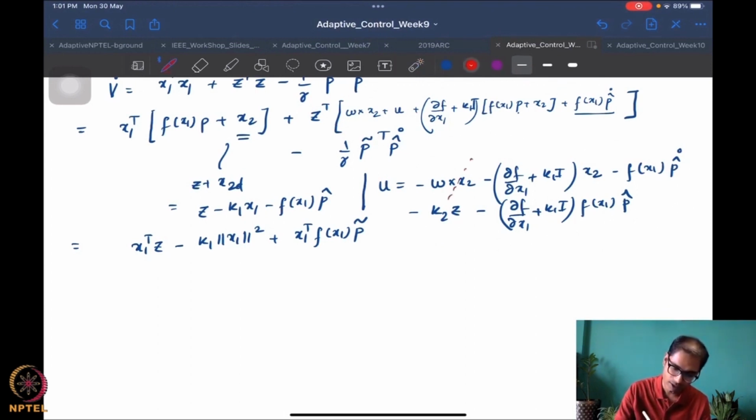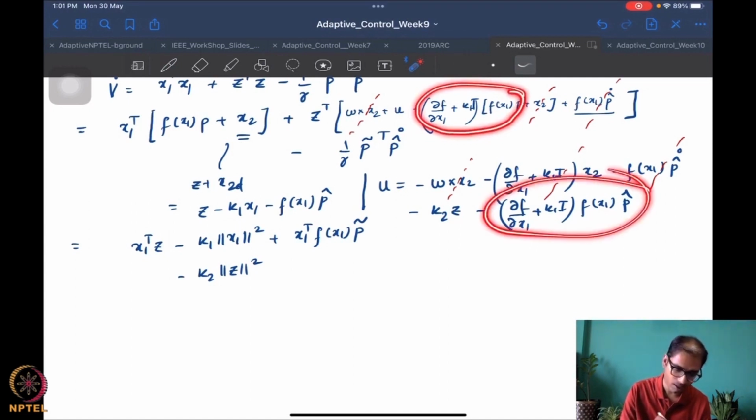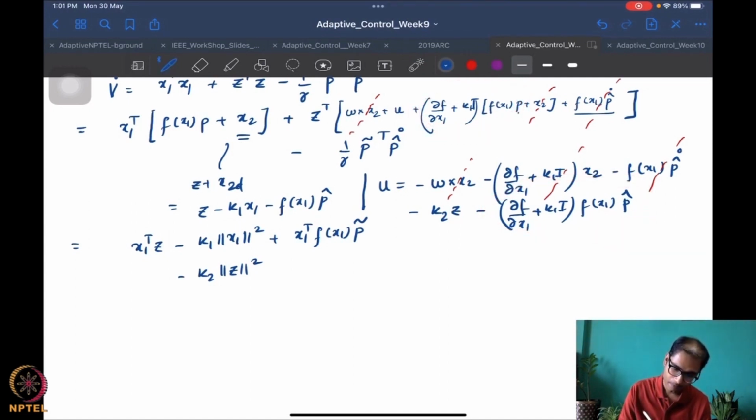Then one more term due to this and this together: plus z transpose del f del x1 plus k1 I, where the purpose of this I is just to ensure that the dimensions of del f del x1 and the second term match, times f x1 times p tilde.